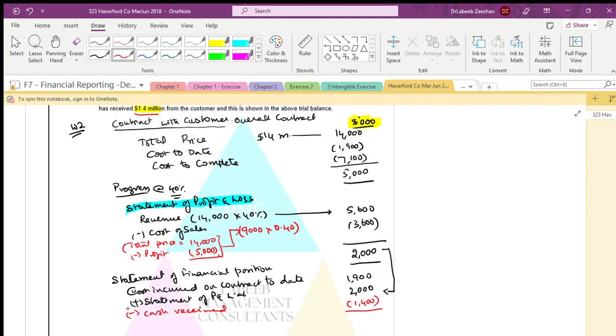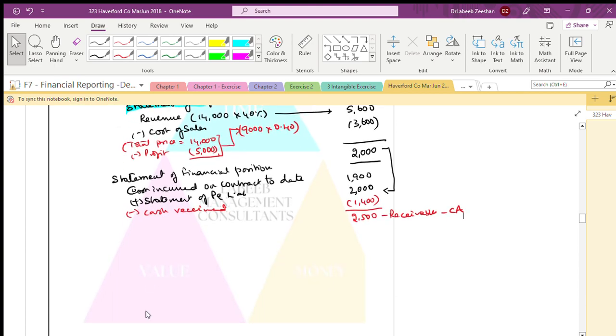The difference is 3.9, 2,500. It is going to be receivables. It is going to be an asset, a current asset. The current assets.